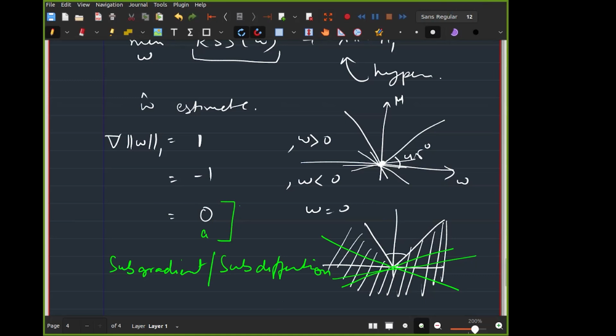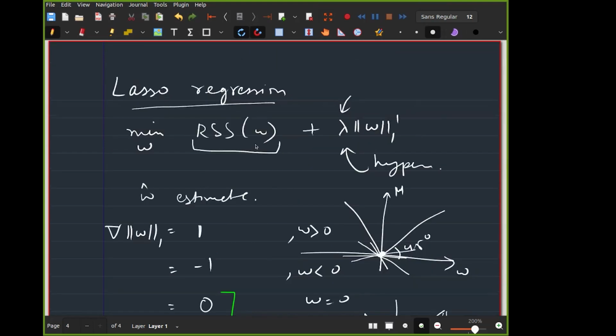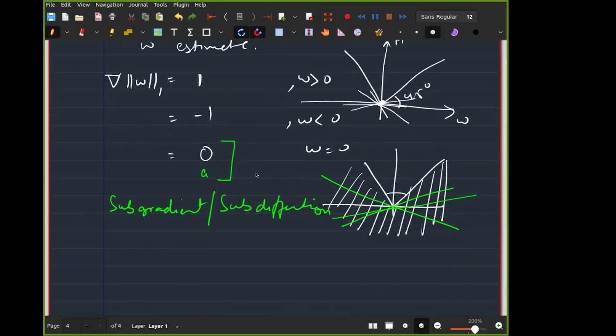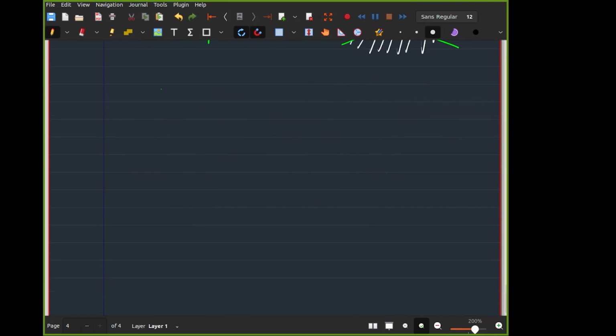That's a very nice trick, which is mathematically correct. And if you take the subgradient at a non-differentiable point, eventually you will be optimizing the right thing. So again, doing gradient descent is simple, right? No issues at all.